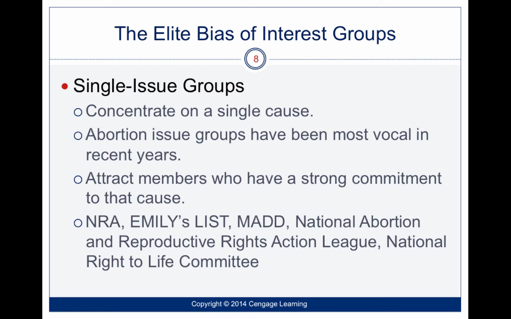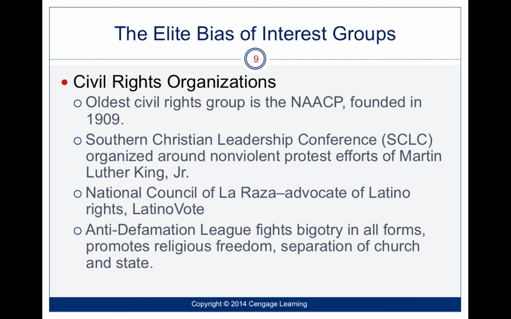We see abortion rights groups, single issues that people are very committed to, whether it's the NRA, the National Rifle Association, Emily's List, an organization that seeks pro-choice female candidates to run for Congress, MAD, and some other pro-choice and pro-life committees that we see out there.